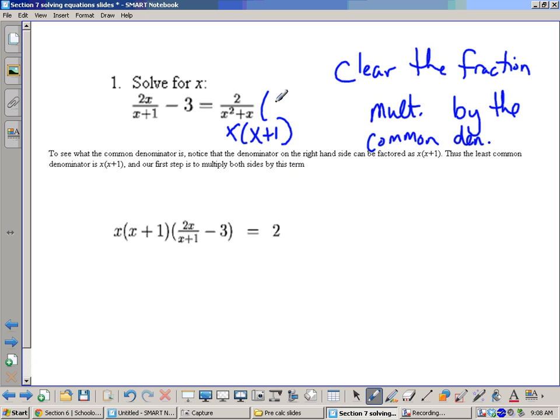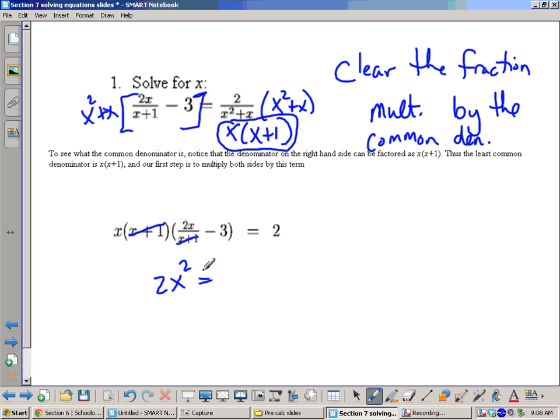So multiply this side by x squared plus x, and then this whole side over here by x squared plus x. And as I pointed out here, this here, x times x plus 1, will allow us to cancel this. So that cancels, and we get just 2x squared.